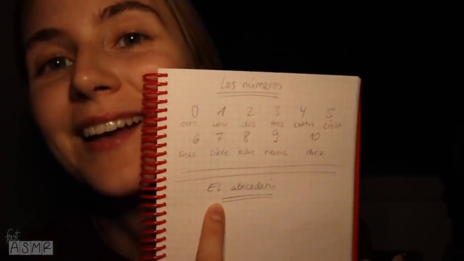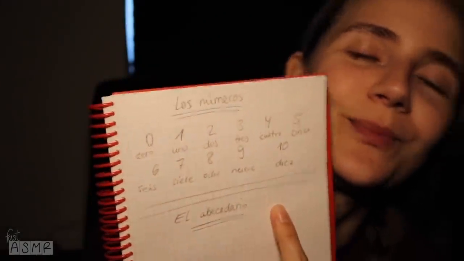Let's move on to the alphabet. That is called el abecedario. El abecedario basically just means the ABCs, as you can also say in English, I believe. So, let's write down the ABCs, el abecedario.